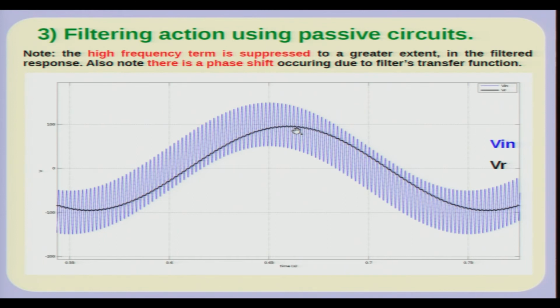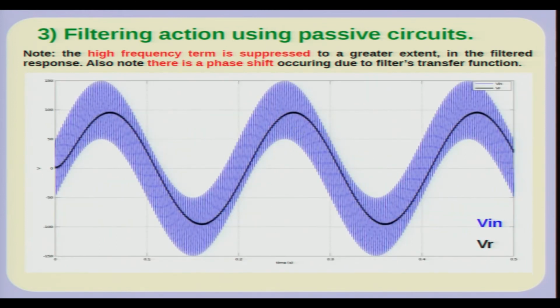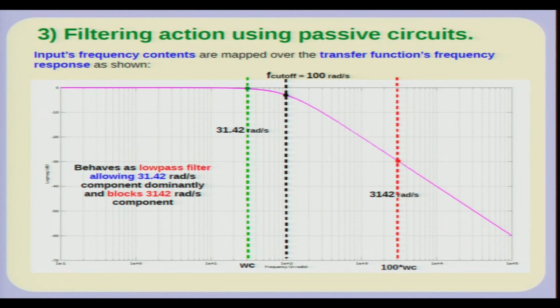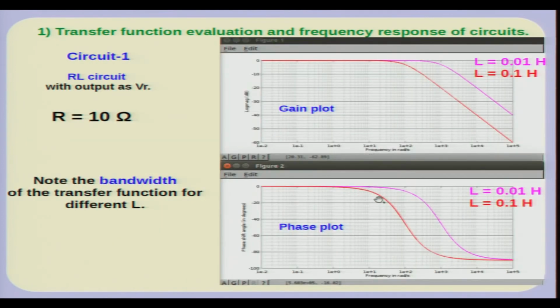So, how much is the phase shift? Of course, we did not plot what this phase shift is, but if you look at the phase angle plot, which is not shown here, you will find that there is a small phase shift, around 5-10 degrees, which is also seen there.